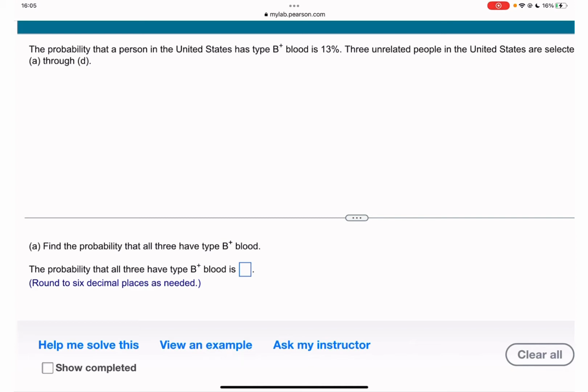So when all 3, we can interpret that as first and second and third, and every time we can replace with the word and. All 3 have, that means first and second and third. We convert and into mathematical multiplication.